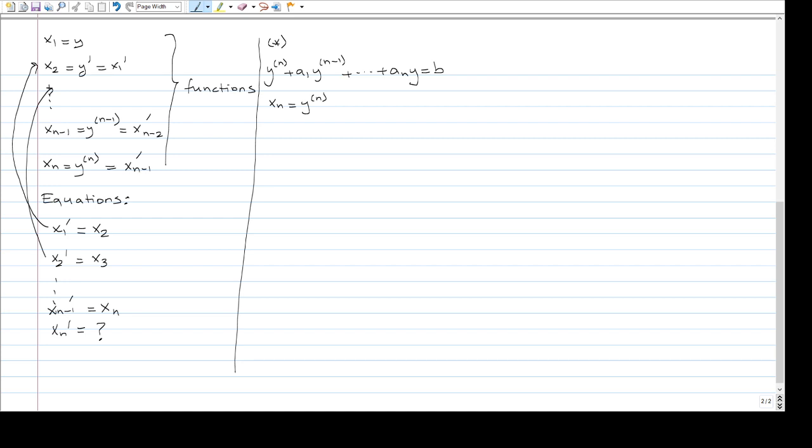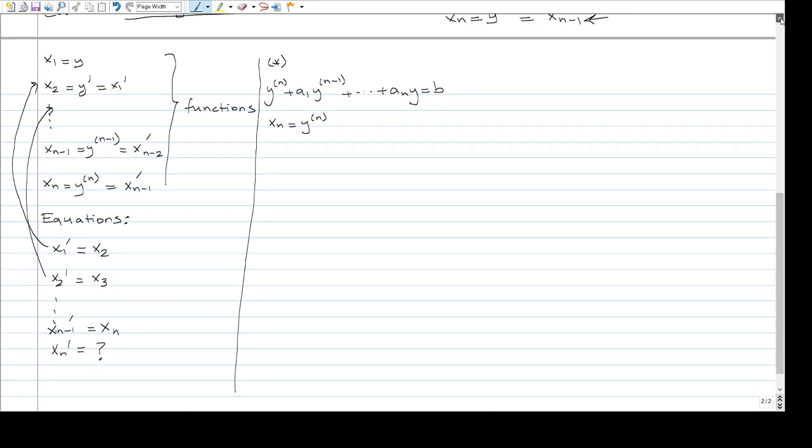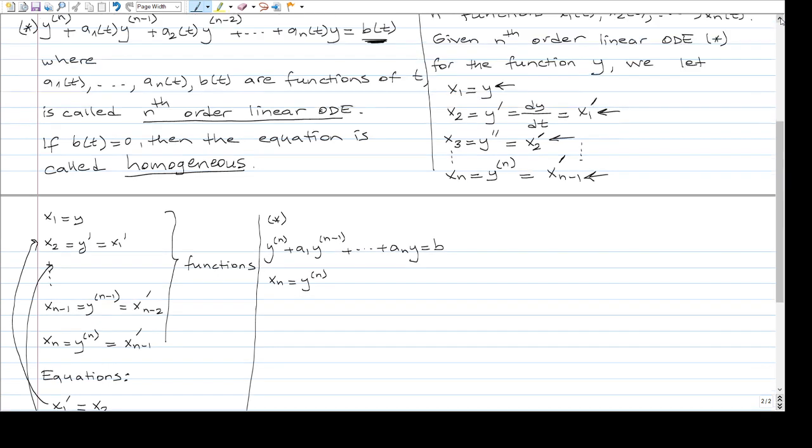No, I made a mistake. I'm sorry. Let me go back up, the numbering is wrong. You see here, x2 is y prime, x3 is y double prime, so xn should be y to the n minus 1.